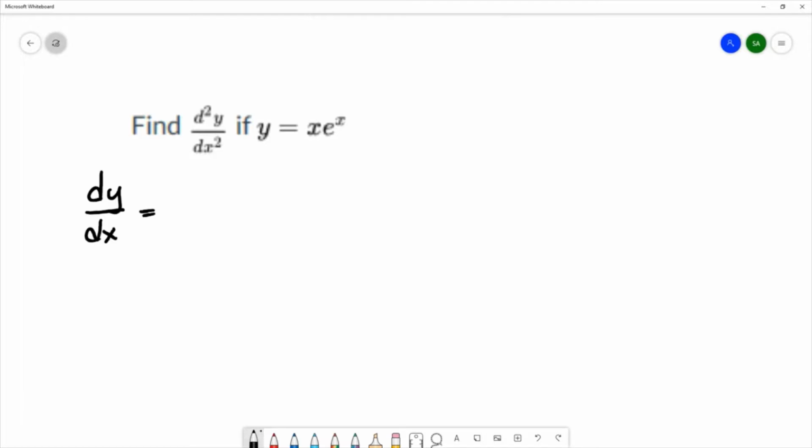And to calculate the first derivative, we're going to use the product rule in this example because this is x times e to the x. Both factors have a variable, so that's why we're going to use the product rule. Now with the product rule, that's when you have one function multiplied by another function.